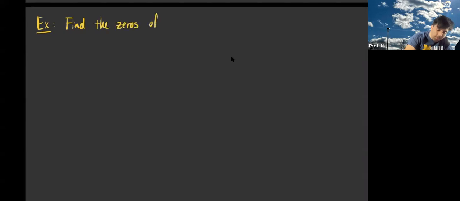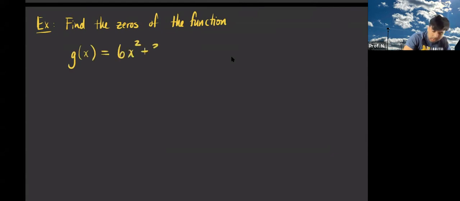Find the zeros of this function, g of x equals 6x squared plus 13x minus 5. So I want to find the zeros of this function.